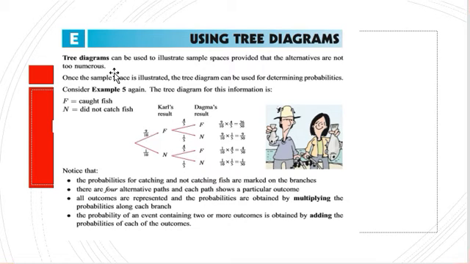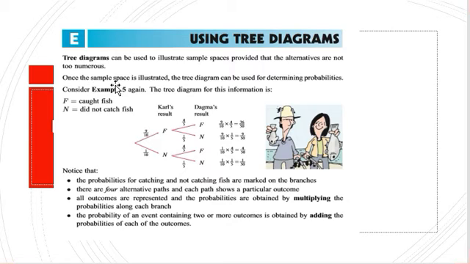It should not be a lot, so that it won't look like branches anymore but roots. When there are a lot of possible outcomes, you will use basic counting principles or other concepts regarding probability.